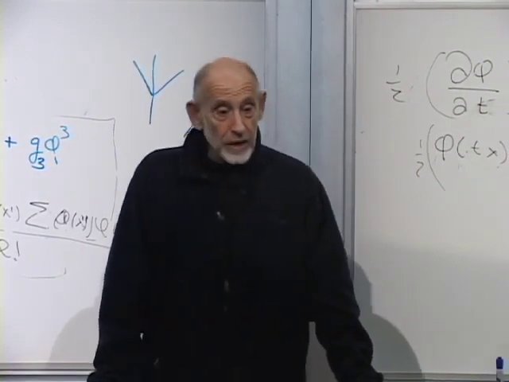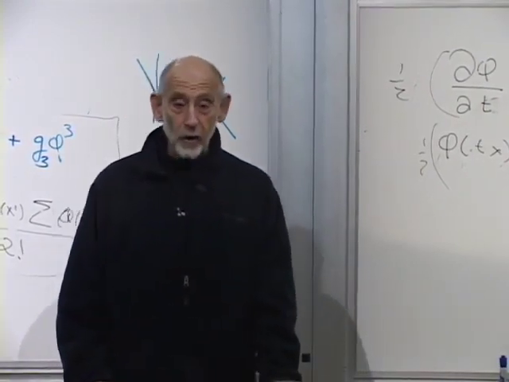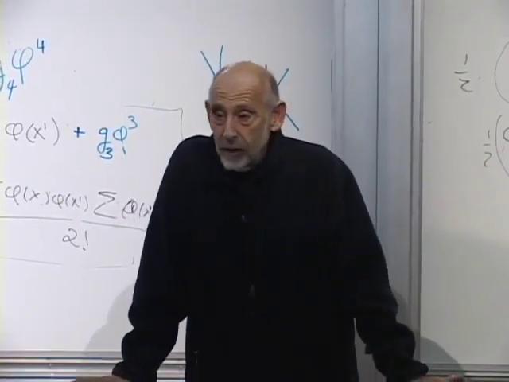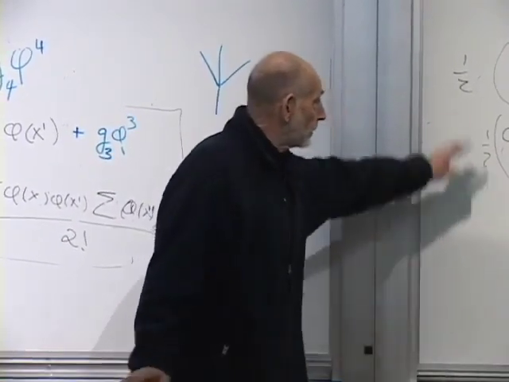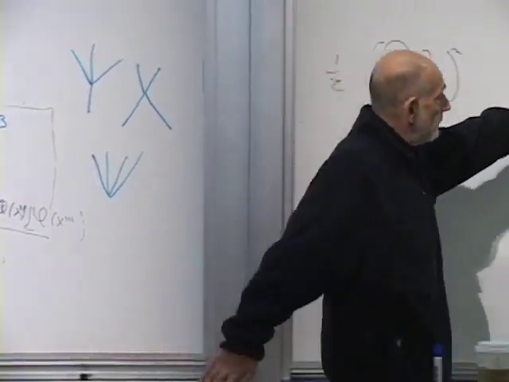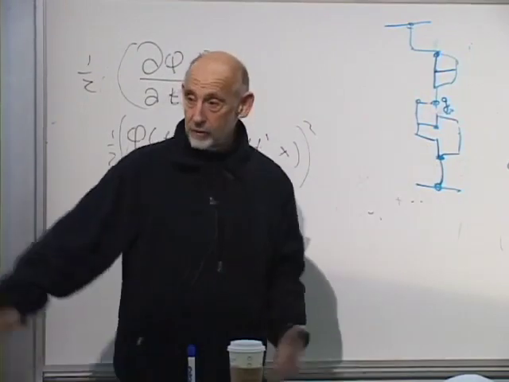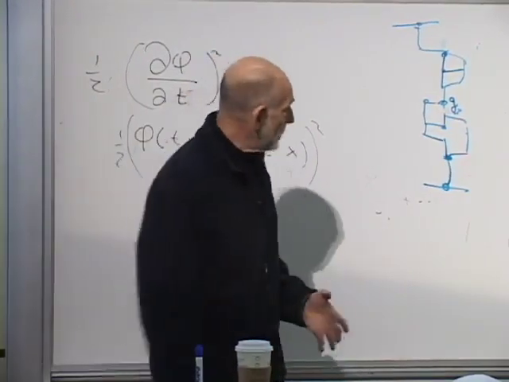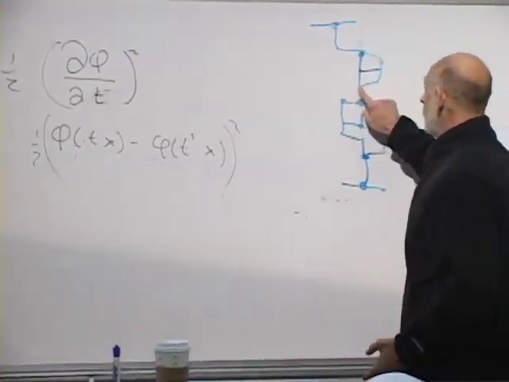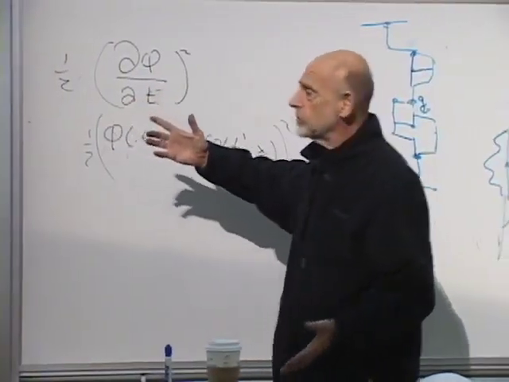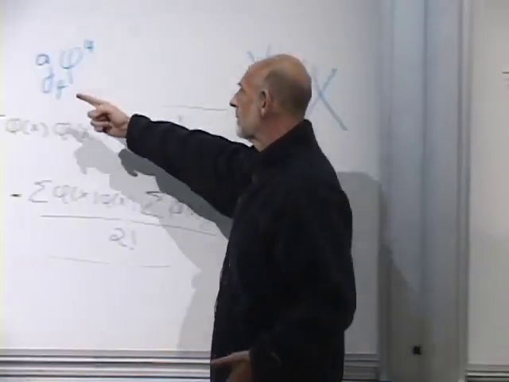Now the next step is to write down the list of all particles and to write down either in the form of Lagrangians or in the form of Feynman rules. The Feynman rules and the Lagrangians have the same information in them. 3 identical particles coming together, let's say 3 bosons, that's phi cubed.